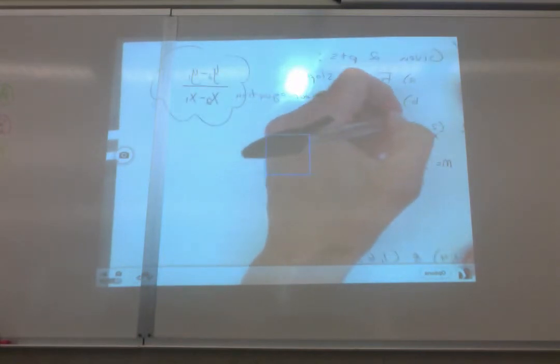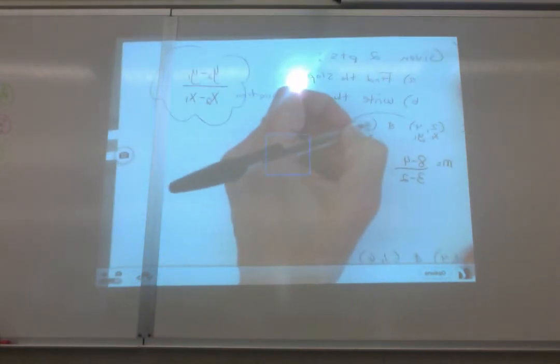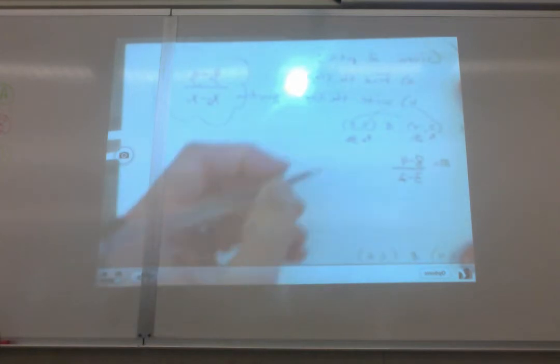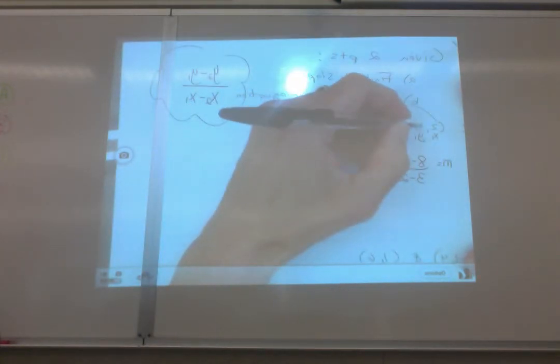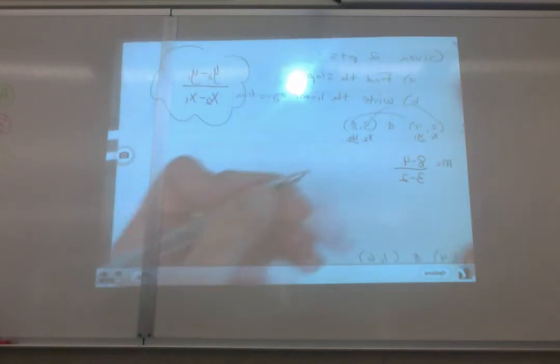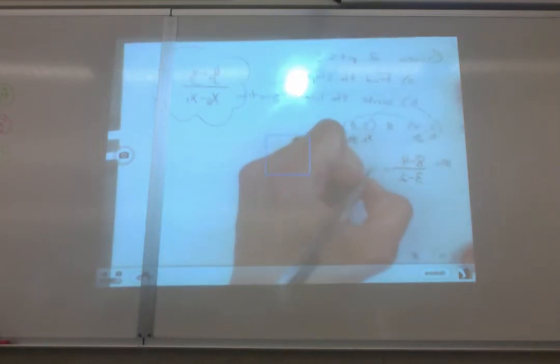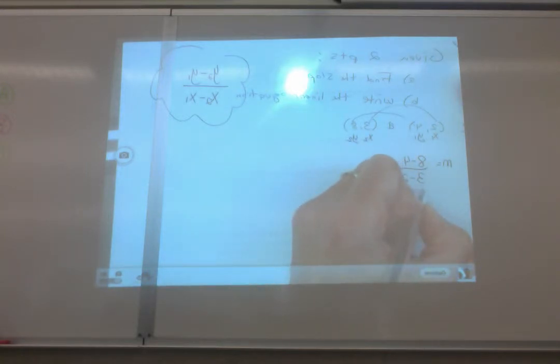8 minus 4 and 3 minus 2. Both of them starting with this number and subtracting the other ordered pair. 8 minus 4, Oscar. 4. Thank you. 3 minus 2. 1.